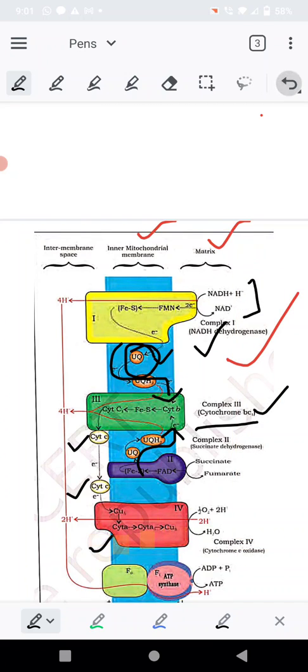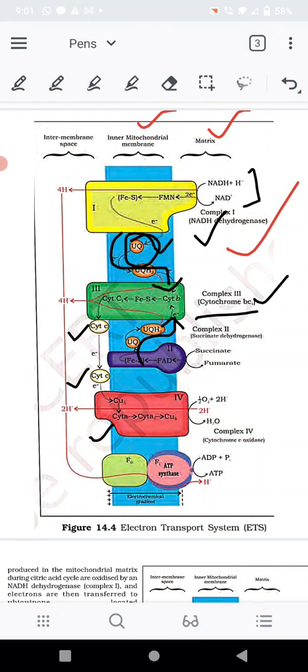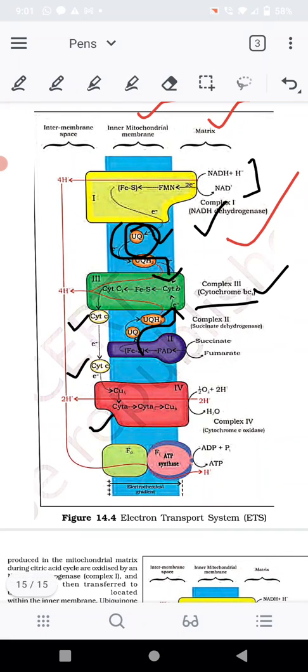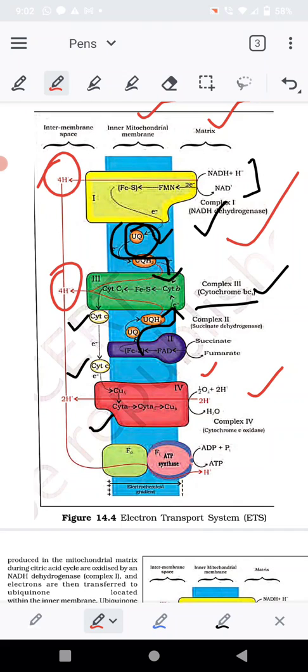Whatever electrons are produced, they are all passed to the oxygen. The electrons which are transferred from complex 1 to ubiquinone, then to complex 3, then from complex 3 to cytochrome C, and from cytochrome C to complex 4, are all transferred to the oxygen, which is the terminal acceptor of the electrons. It is also receiving the protons which are released.